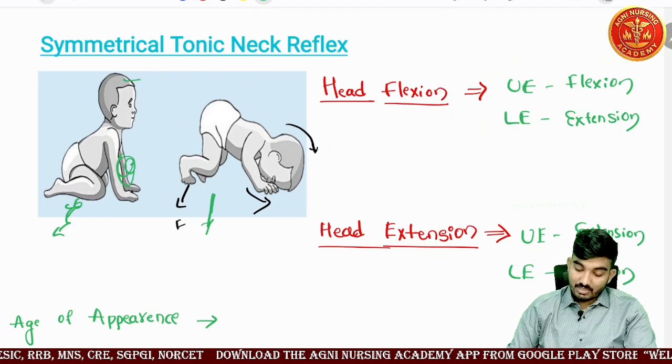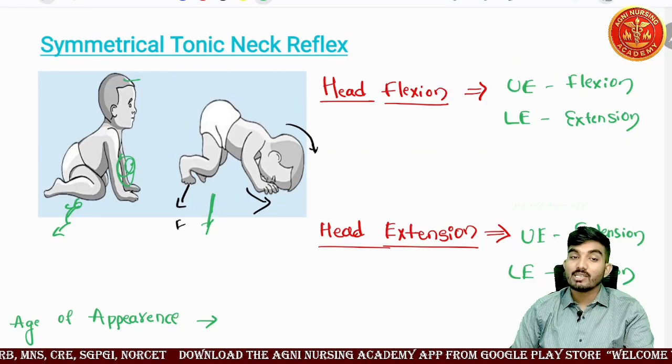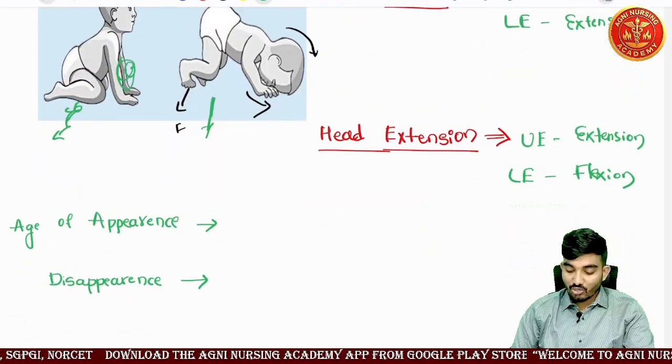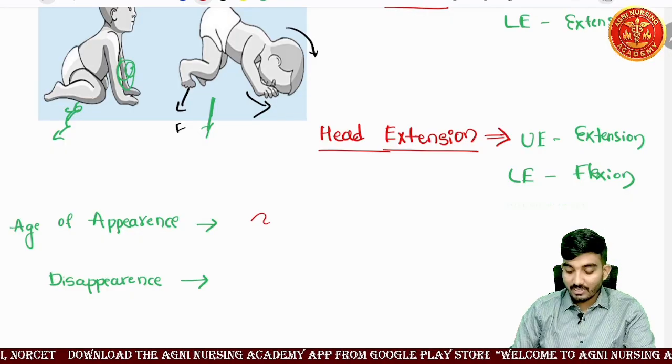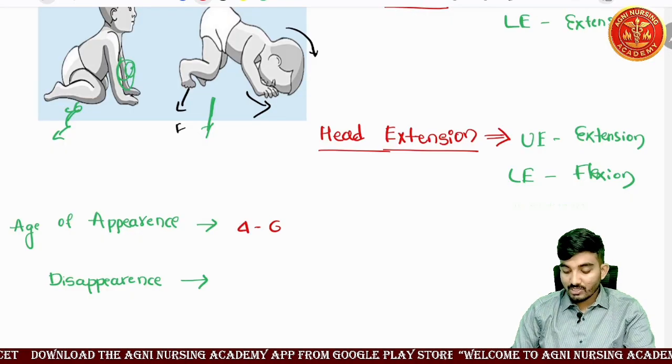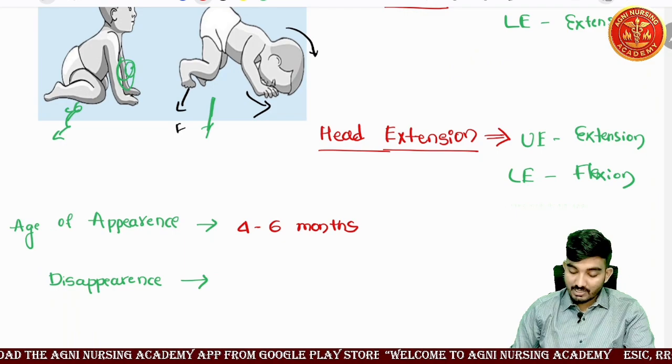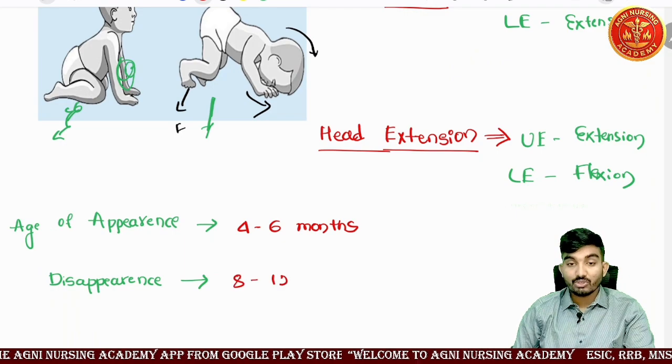Observe the image here. These movements are called the symmetrical tonic neck reflex. It appears at the age of 4 to 6 months, and it disappears at the age of 8 to 12 months.